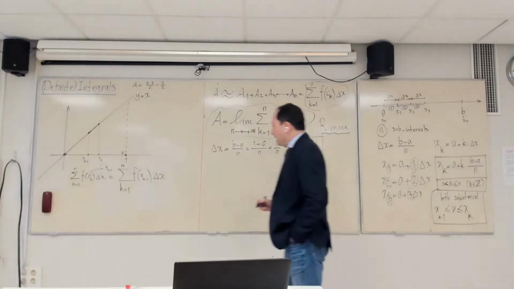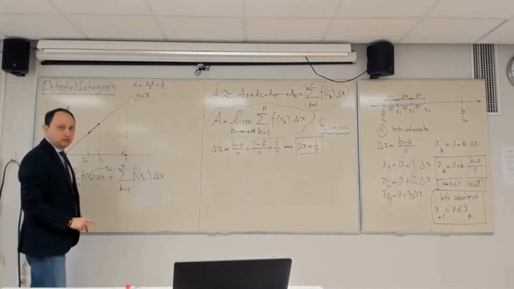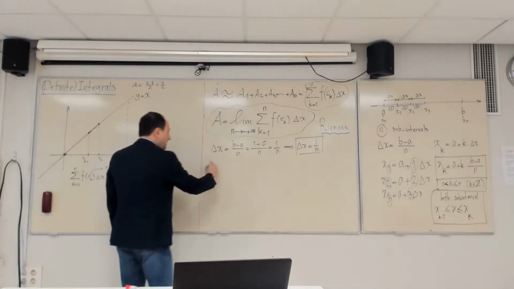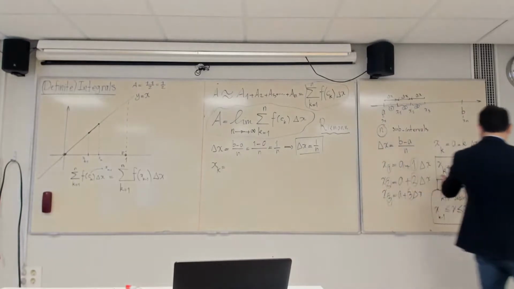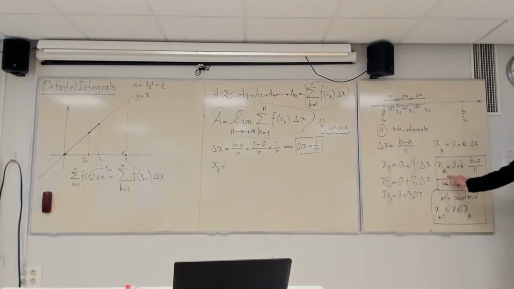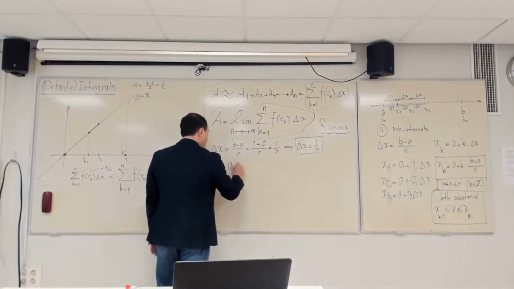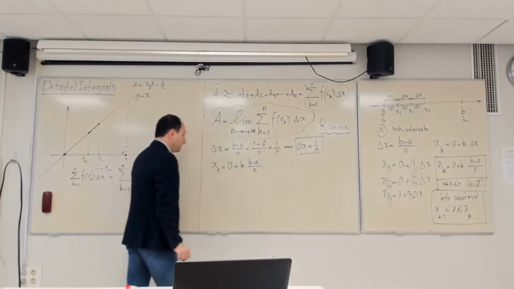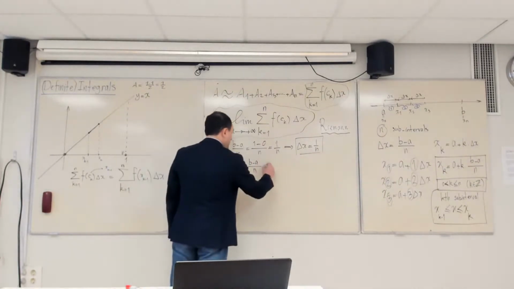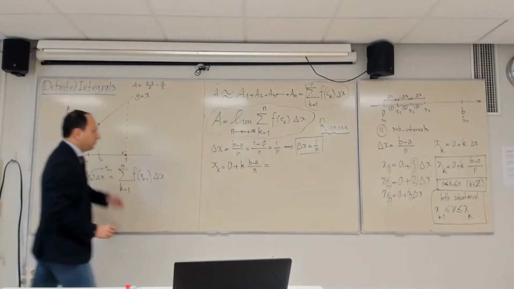Okay? And then what is x sub k minus 1? I have the formula for xk on the board. I have reserved them for this purpose. X sub k is a plus k times b minus a divided by n. A is the initial point, 0. B is the final point, 1.